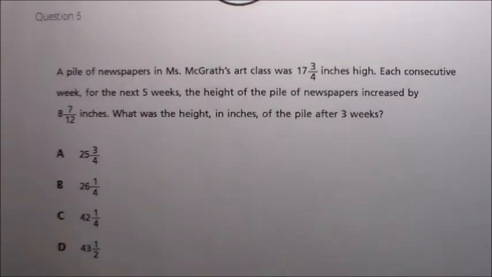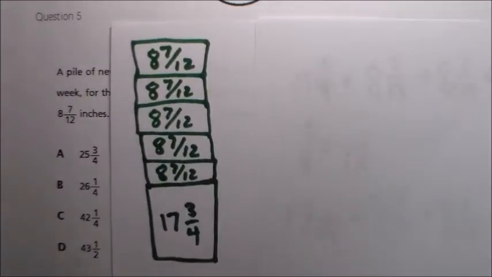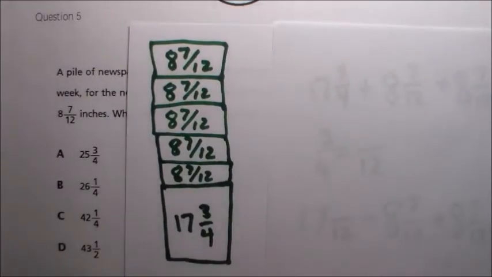All right, on to question 5. A pile of newspapers in Miss McGrath's art class was 17 3/4 inches high. Each consecutive week for the next 5 weeks, the height of the pile of newspapers increased by 8 7/12 inches. What was the height in inches of the pile after 3 weeks? So what do we have here? We have a pile of newspapers that starts at 17 3/4 inches high.